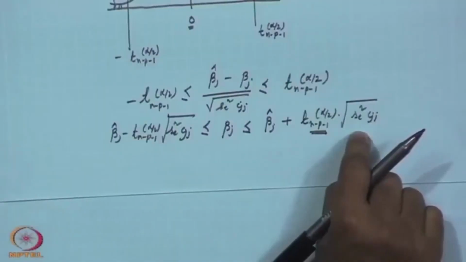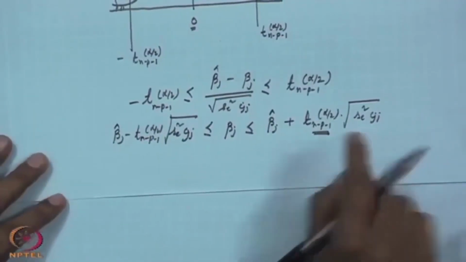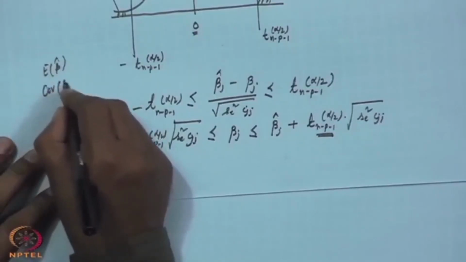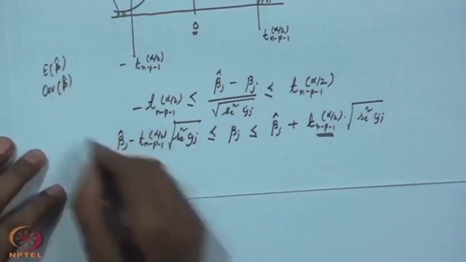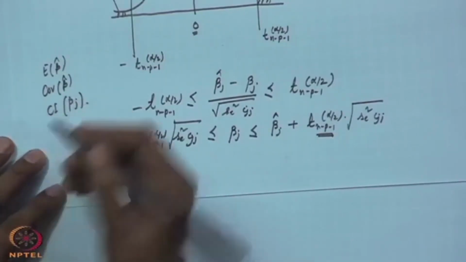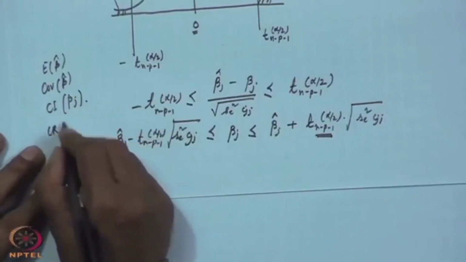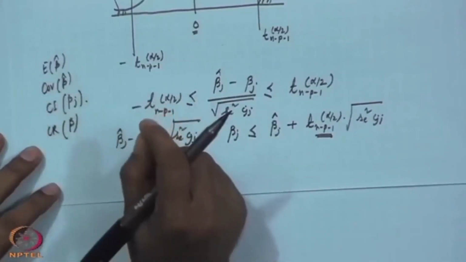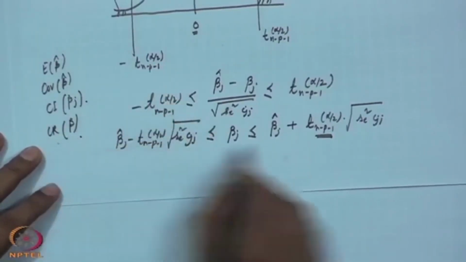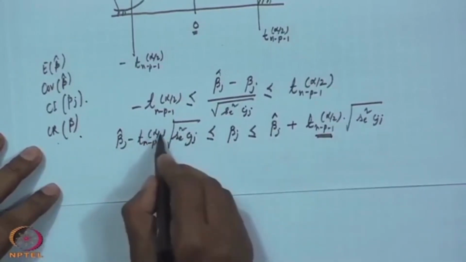So what we have discussed so far: we found out the expected value of beta cap, we found out the covariance of beta cap, and we also found out the individual confidence interval for beta j. Also you now know the confidence region for beta with the help of beta cap, and from there, using the Bonferroni approach, you can use this equation. The only thing is that this will not be alpha by 2, it will be alpha by 2 into the number of parameters, p plus 1.